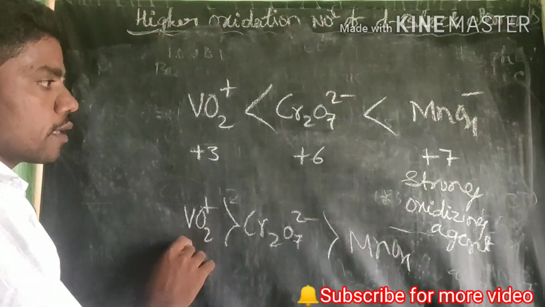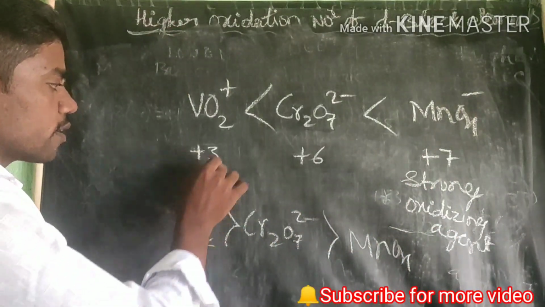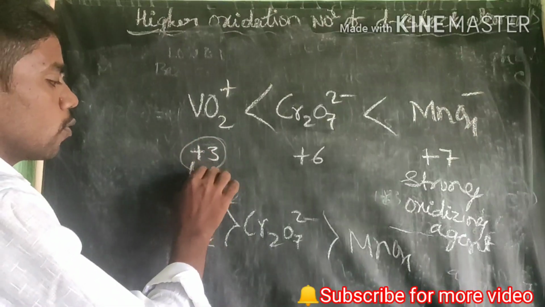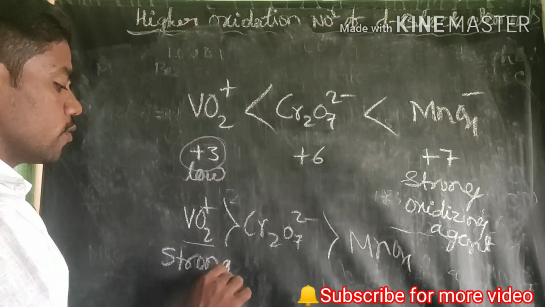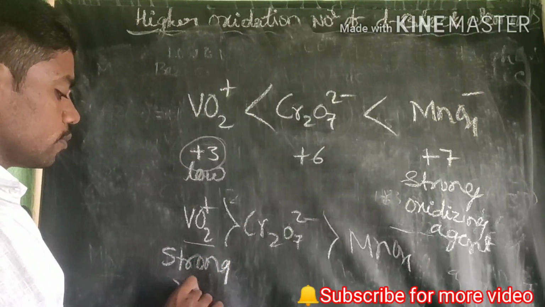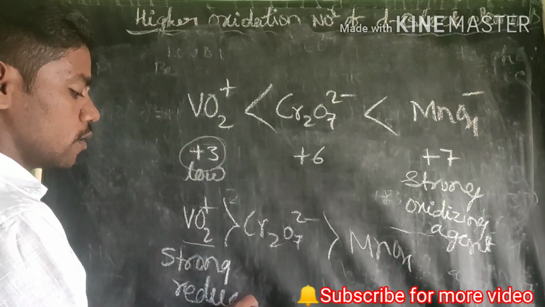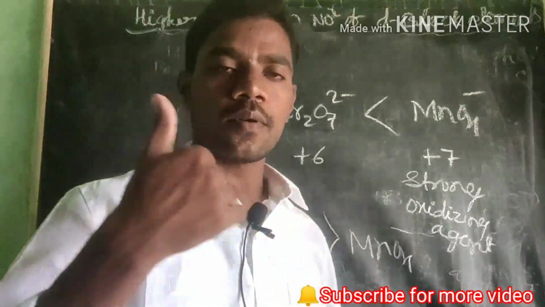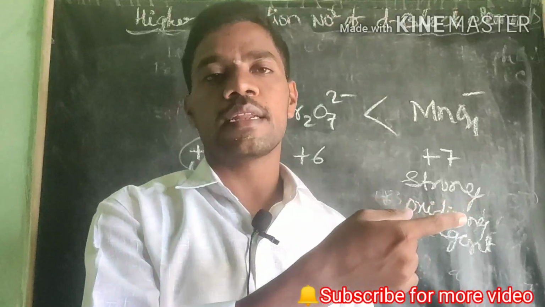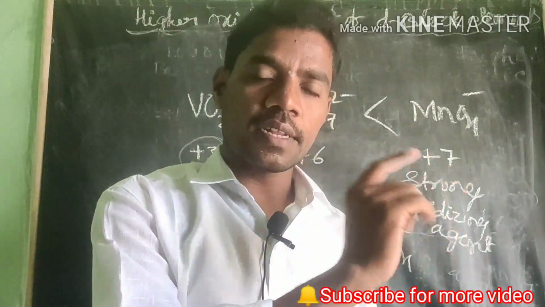Generalize this. The compound with low oxidation number is a strong reducing agent. Therefore, the compounds with the highest oxidation number act as oxidizing agents.